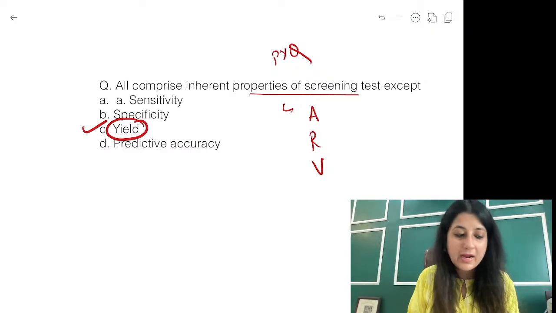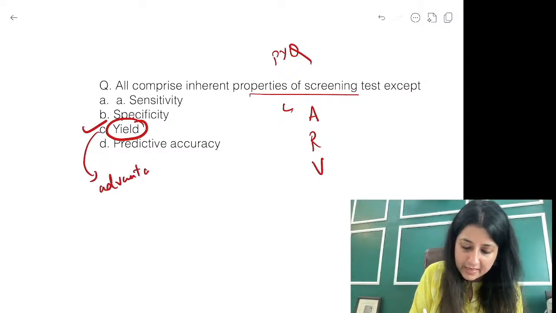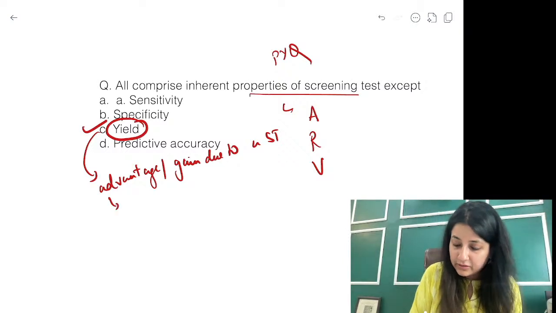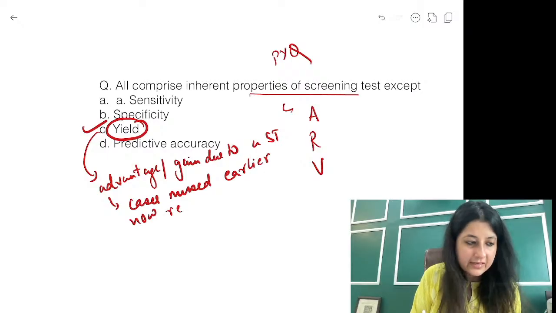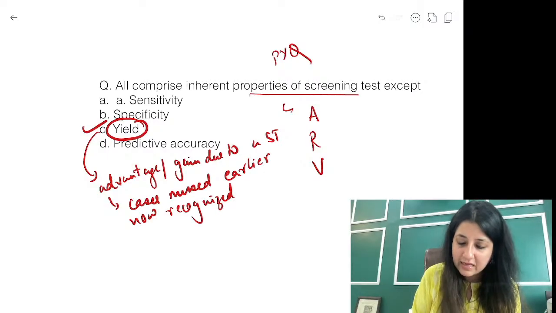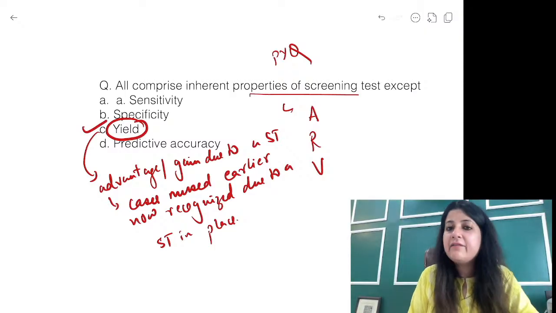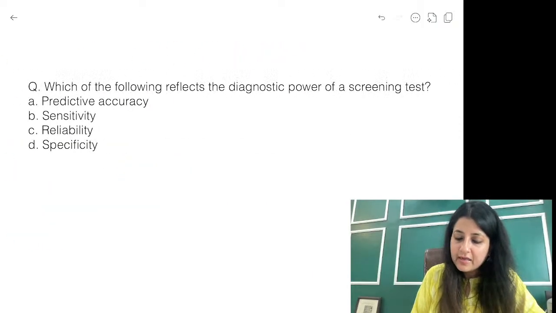Yield is the advantage, or you could say the gain due to a screening test. What is it that we are getting because of applying the screening test? The cases missed earlier are now recognized due to a screening test in place. पहले जो केसेस मिस्ड हो रहे थे, वो अब रिकग्नाइज हो रहे हैं बिकॉज वी हैव अ स्क्रीनिंग टेस्ट इन प्लेस. ठीक है, alright, what is the next one?